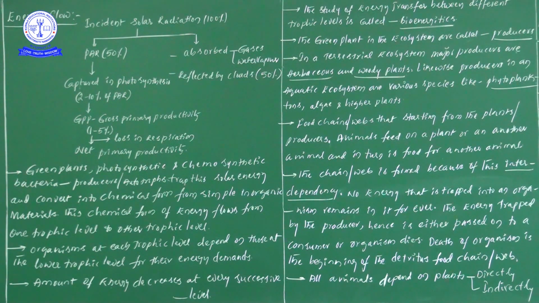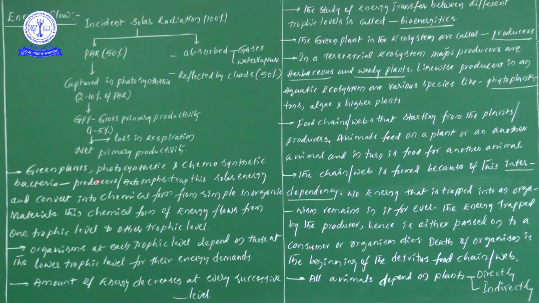Now, the green plants, photosynthetic organisms, as well as chemosynthetic bacteria, we take as producers, autotrophs.